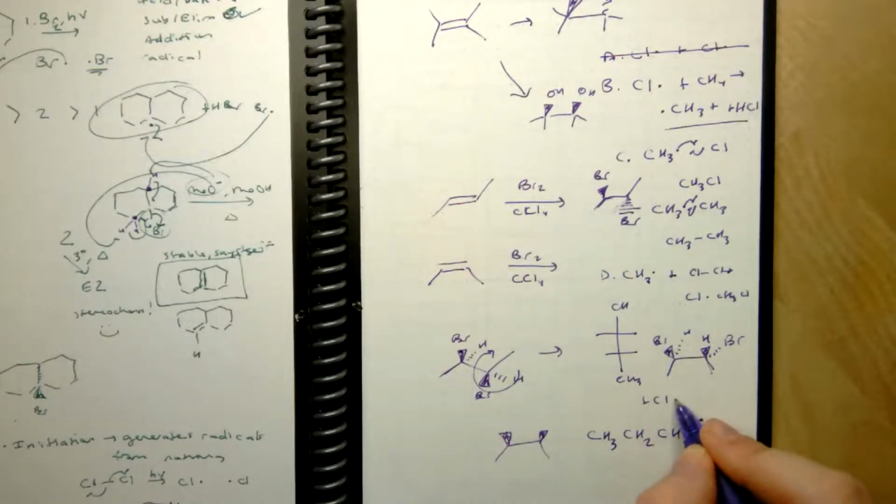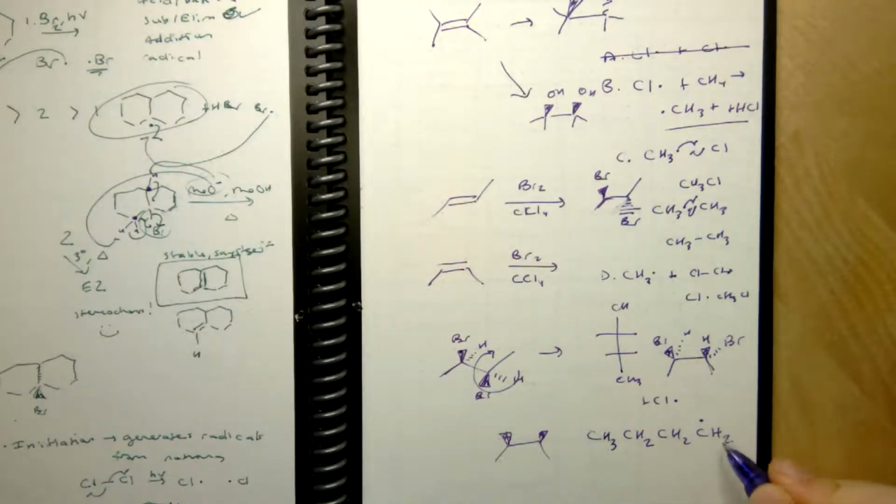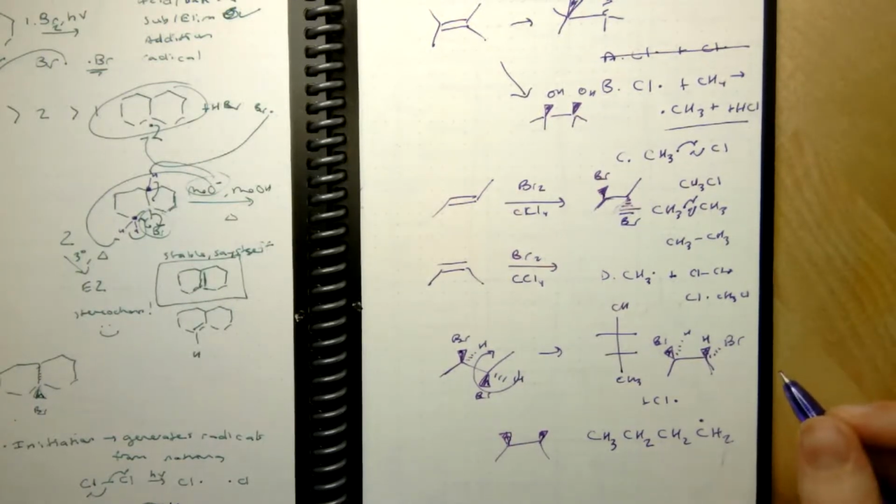I guess it's possible, but unlikely. So you did need to know that it is reasonable for two CH3 radicals to be formed and combined. But basically, which of these options has two radicals combining is what it was asking.